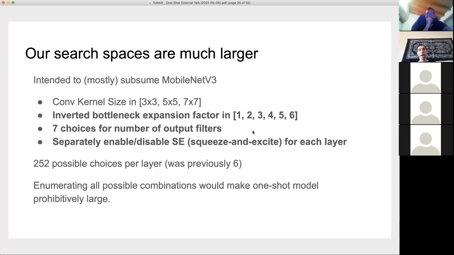Instead of having 6 possible choices for each inverted bottleneck, we actually had on the order of 250. And so trying to enumerate all possible combinations of these choices would have made the one-shot model, the set of shared model weights that we wanted to train, prohibitively expensive.